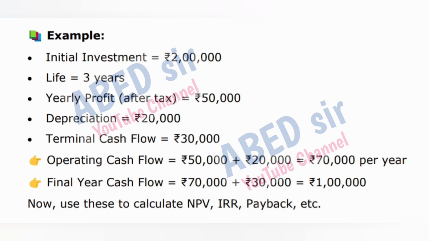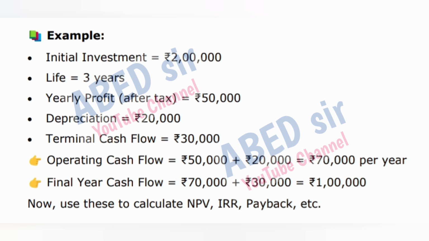Depreciation is 20,000 rupees. Terminal cash flow is 30,000 rupees. Operating cash flow is 50,000 plus 20,000, which is 70,000 rupees per year. Final year cash flow is 70,000 plus 30,000, which is 1 lakh rupees.